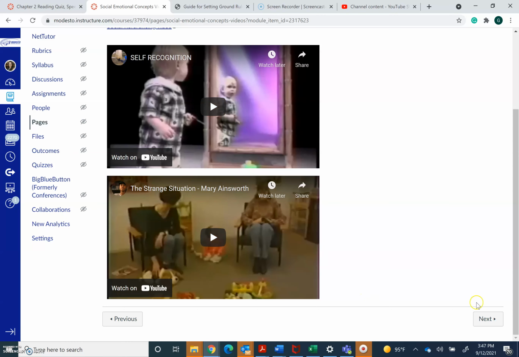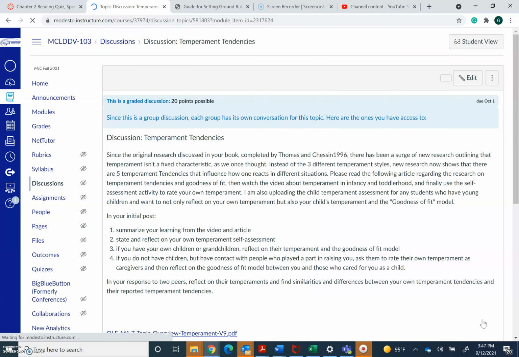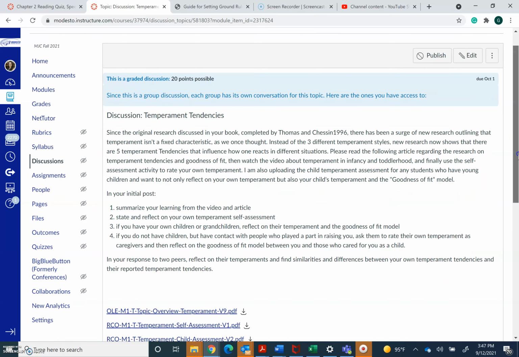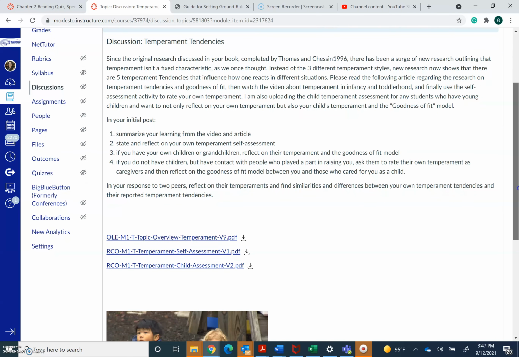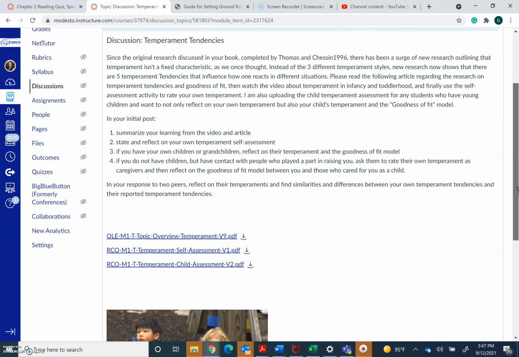Okay, so now your assignment this week, you will have groups of 20 in your discussion groups, and within your group we're going to start talking about temperament tendencies. So even within your textbook this week, you're looking at temperament as stagnant, so something that never changes.